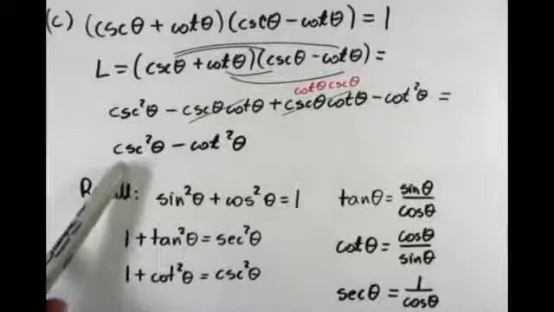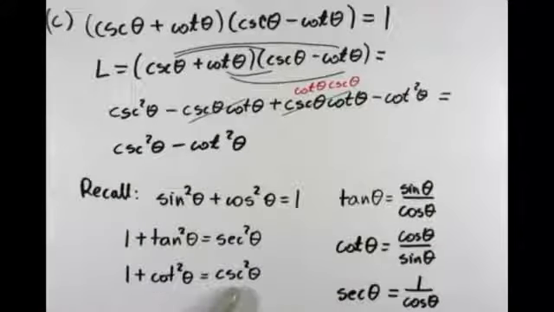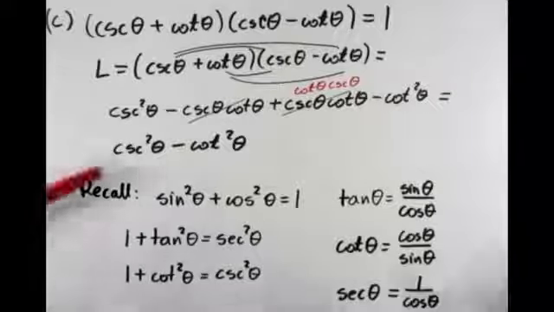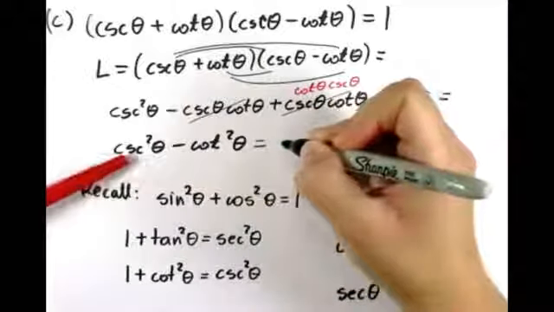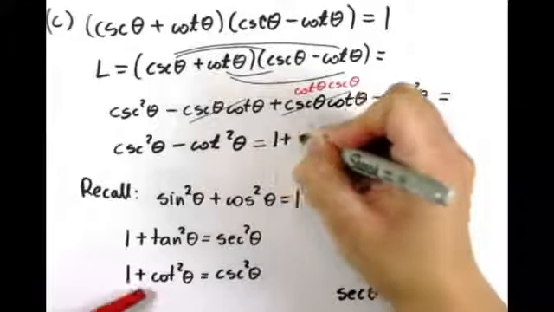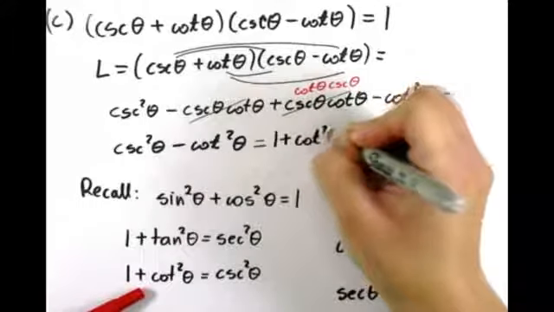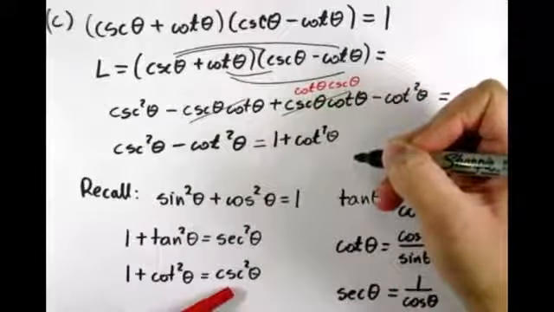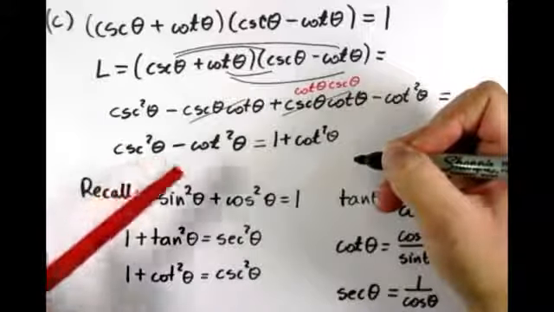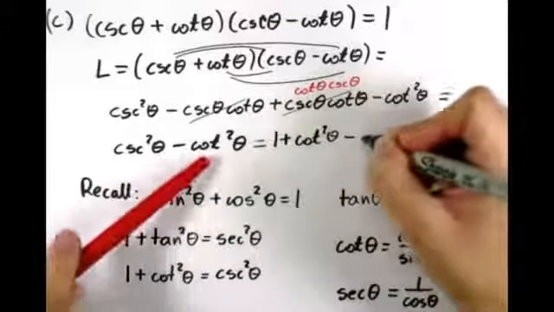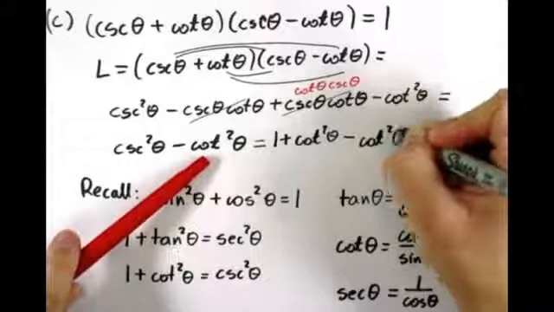So we have that cosecant square. Cosecant square is the formula 1 plus cotangent square. So instead of cosecant squared, I'm going to substitute 1 plus cotangent squared. So this equation is equal to cosecant squared, which is 1 plus cotangent square theta, and I also have minus cotangent squared theta.